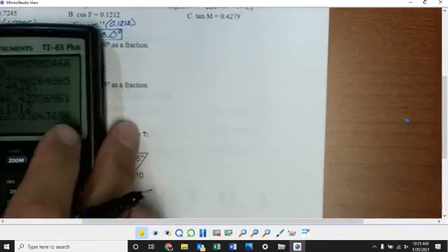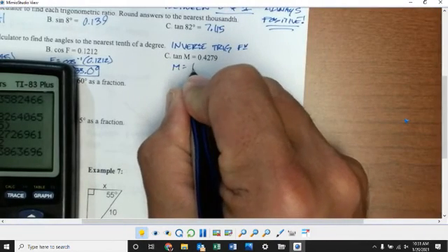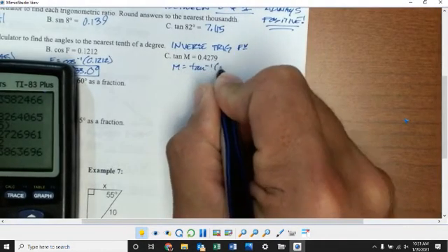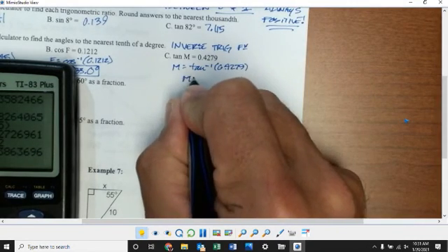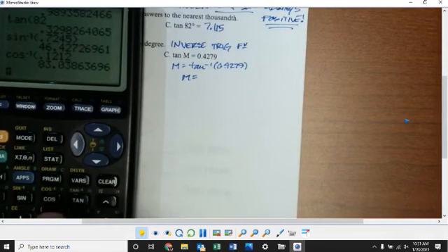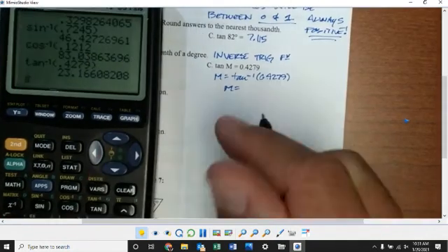And finally, tangent M, I'm going to say M equals tangent inverse of 0.4279. So M equals tangent inverse of 0.4279 is 23.2 degrees.